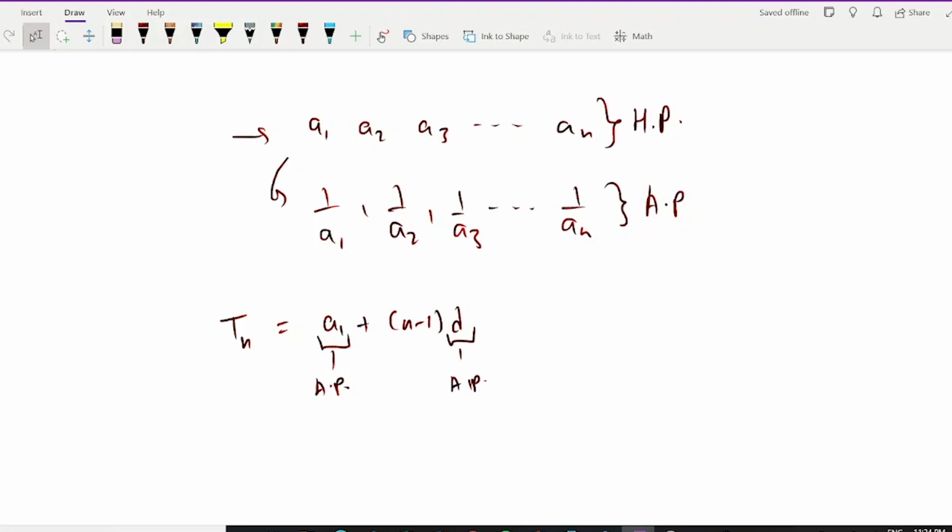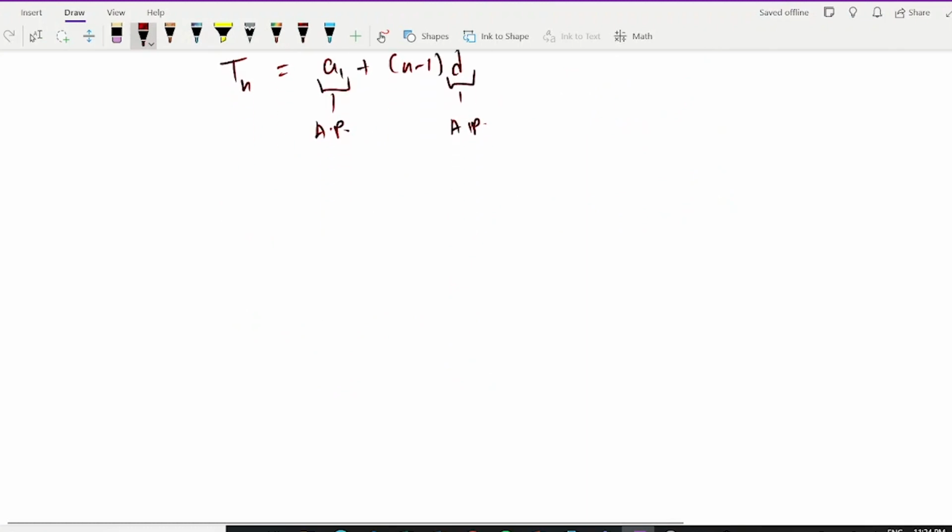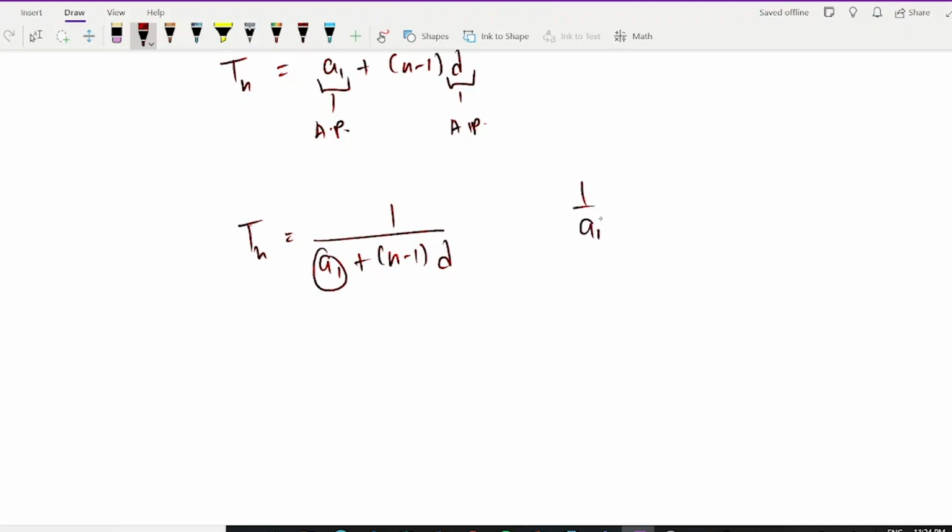Okay, so since we know this relation, we can write the nth term formula for a harmonic progression such that 1 by an will be equals to 1 by a1 plus (n minus 1)d. Here this 1 by a1 will be this fellow, and we can calculate the common difference using this relationship above.